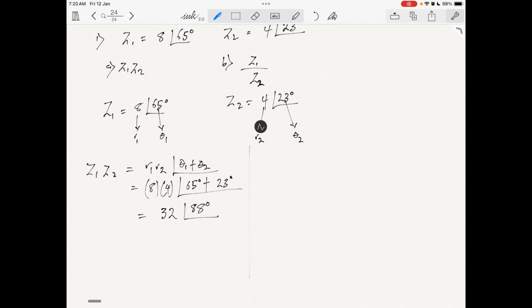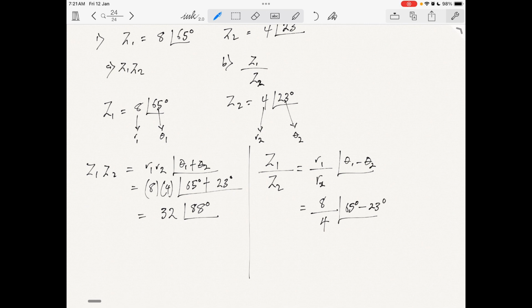Now we also want to evaluate z1 divided by z2. In division of complex numbers in polar form, we divide the modulus and subtract the angles. So our r1, which is 8, is divided by our r2, which is 4, and our theta 1, which is 65, is subtracted by our theta 2, which is 23 degrees.